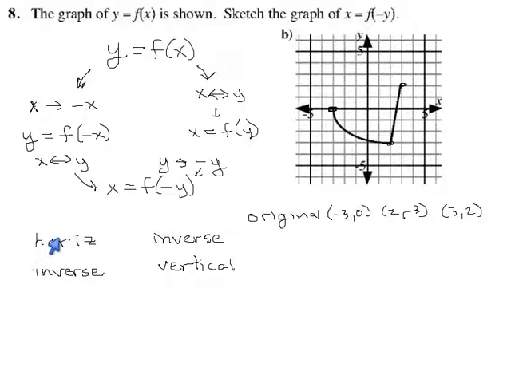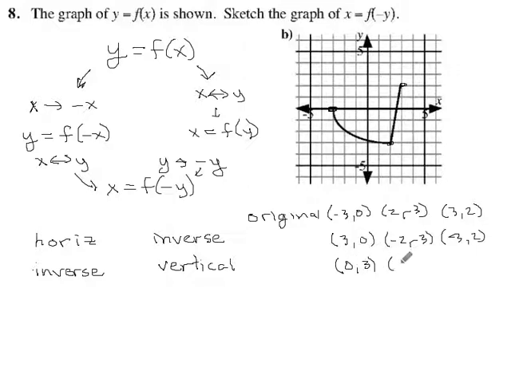If I horizontally reflect all those, I get 3, 0, minus 2, minus 3, and minus 3, 2. In other words, horizontal reflection just flips the signs on all the x coordinates. It does nothing to the y coordinates. For the inverse, I swap the x and y's positions, so this becomes 0, 3.